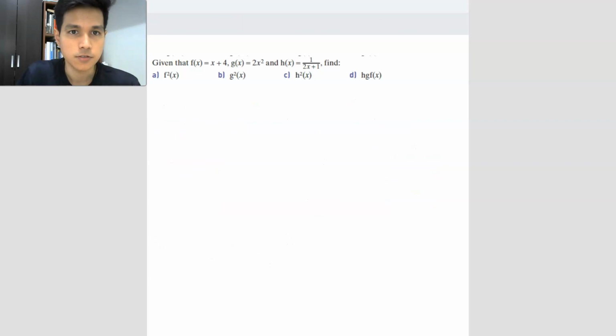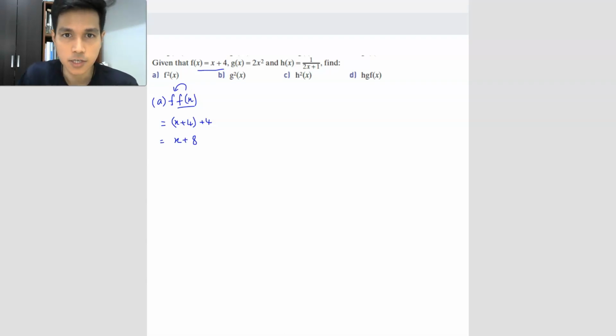Alright, this one is a bit more complex. Question A, they ask for f squared. So f squared is actually f of f, right? So you substitute f(x) back into itself. f(x) is x plus 4, so that means x plus 4 plus 4 again. So you get x plus 8.